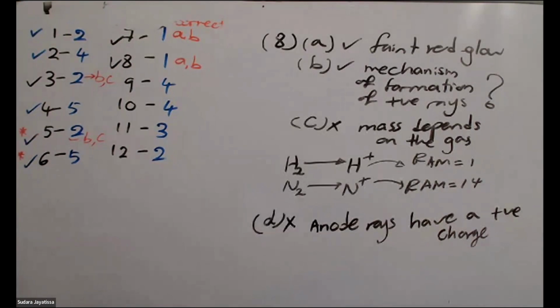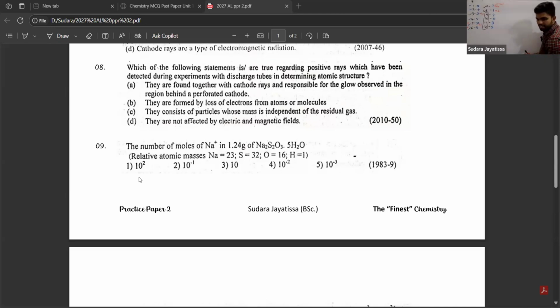So that is actually the aim of our paper class, right? For 9, 10, 11, 12, there are 4 small chemical calculations. We'll do that also quickly. Details regarding the question: it is asking the number of moles of sodium plus. That is the 9th question. Moles of sodium plus.